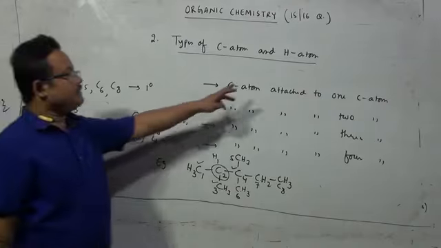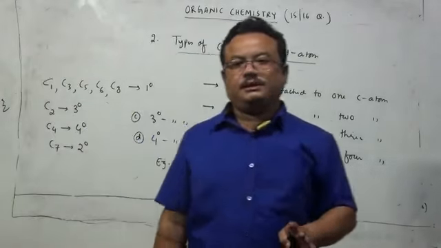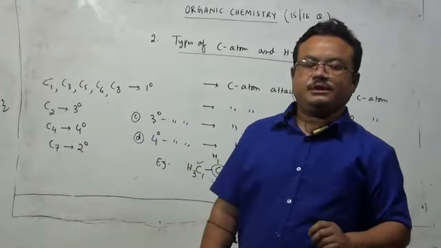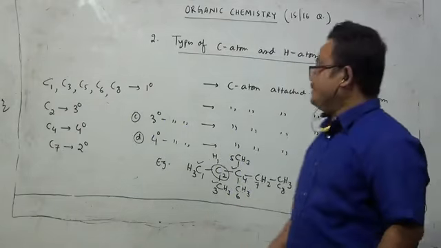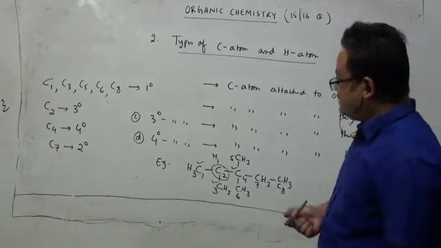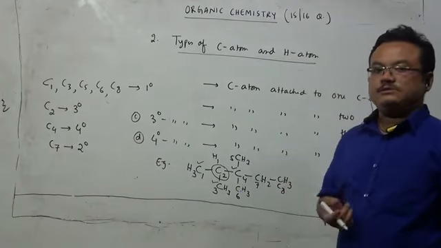Now the types of hydrogen atom: primary hydrogen, secondary hydrogen, and tertiary hydrogen. Primary hydrogen is a hydrogen atom attached to a primary carbon.